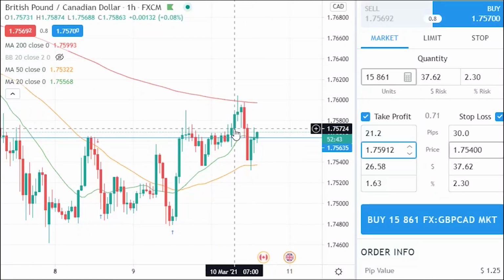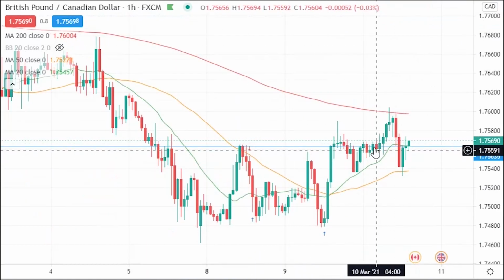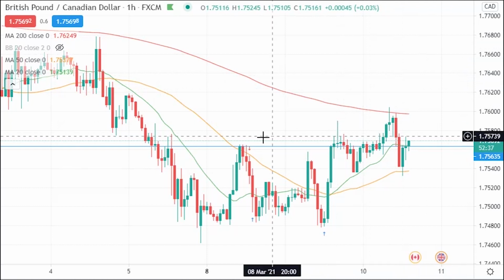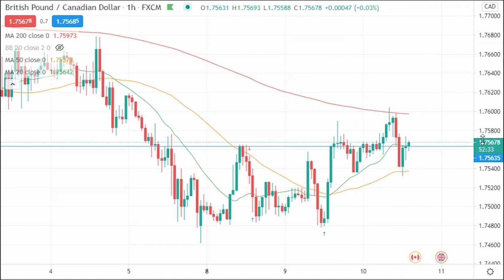All right, this is going to look at take profit and stops. So the first thing I'm going to do is just show you how to calculate it. You can do it however you like.